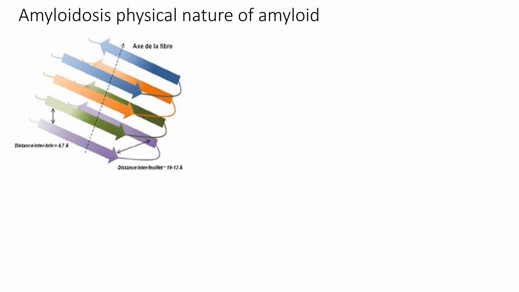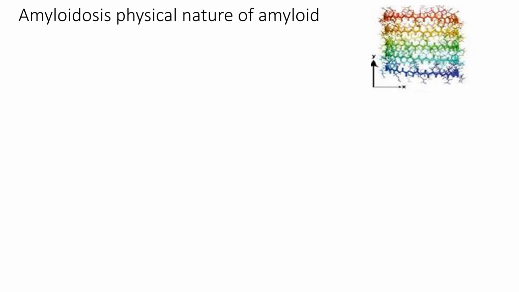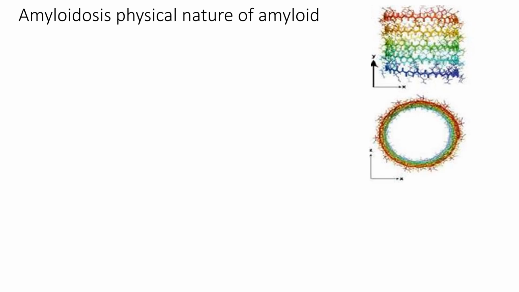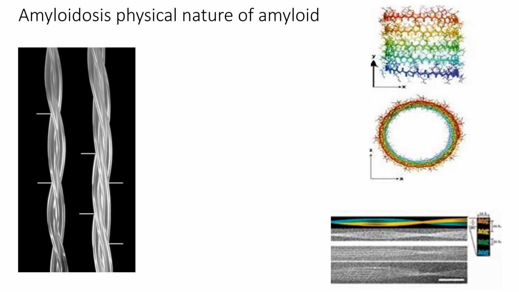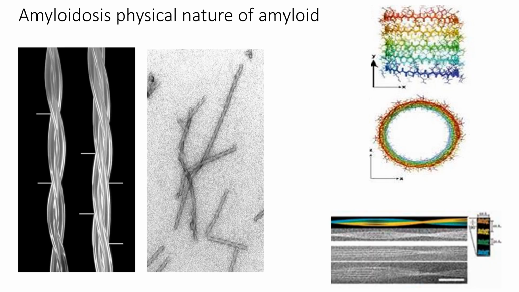Then, a proposed beta helix structure of amyloid fibers, showing aligned beta strands and the nanotube viewed from above, with the fiber axis on the y-axis. And here, this picture shows electron microscopy of amyloid fibers.